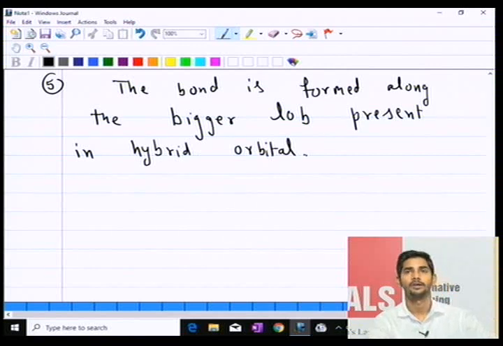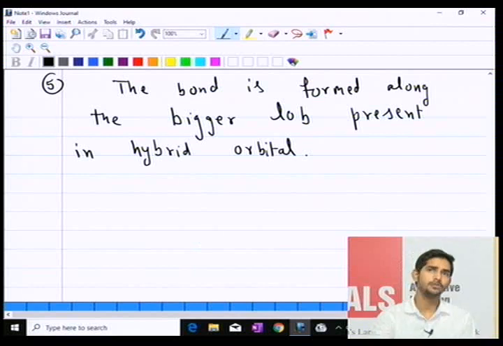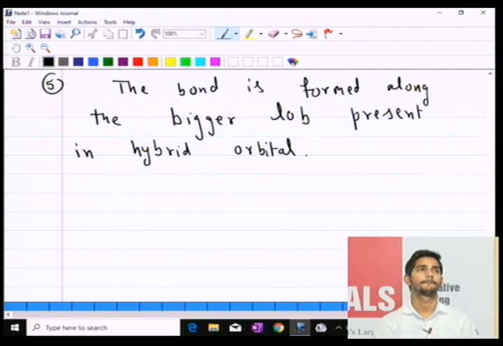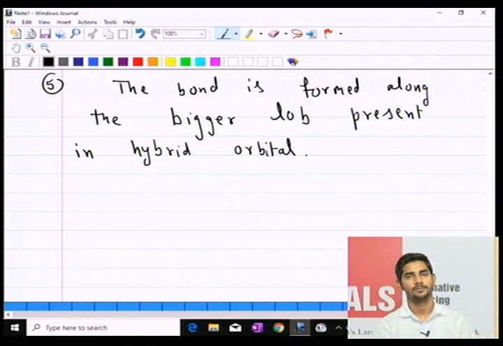Guys, these are a few important characteristics that we should remember to understand the meaning of hybridization much more clearly. Just copy it and then let's continue.